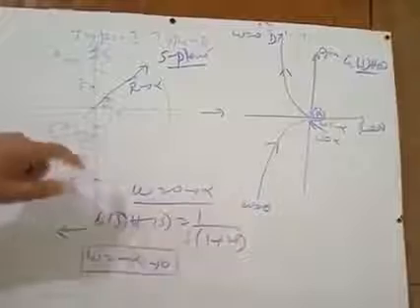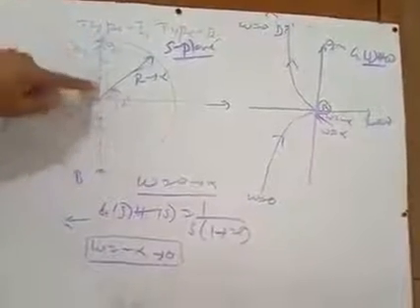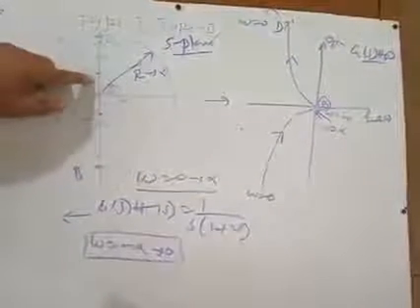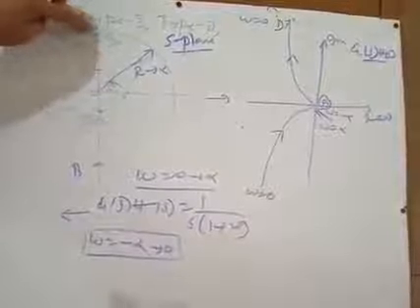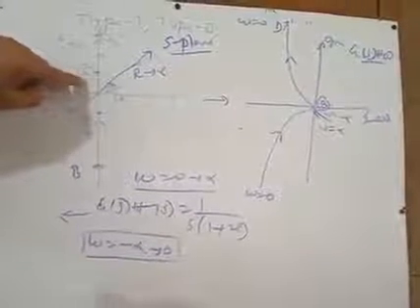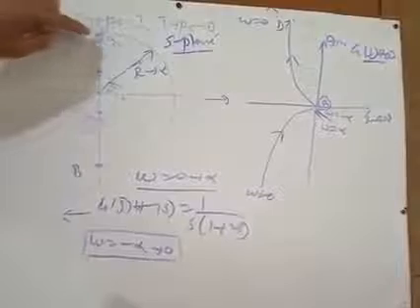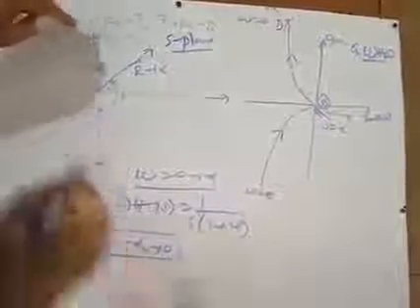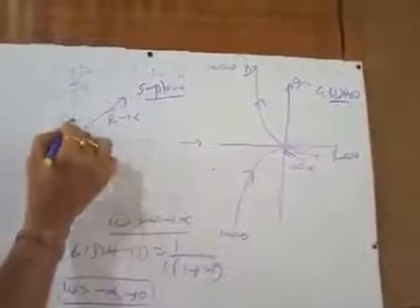Now you come to this point E, which means omega is equal to 0, to omega equal to infinity. Actually, this is your E point.